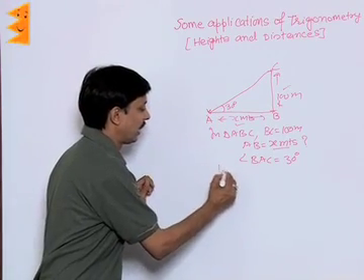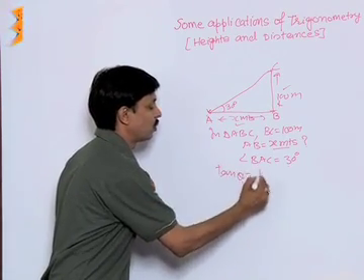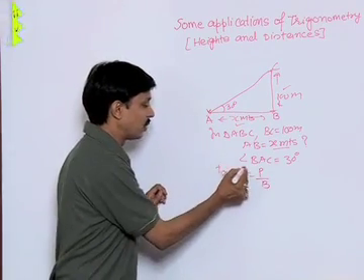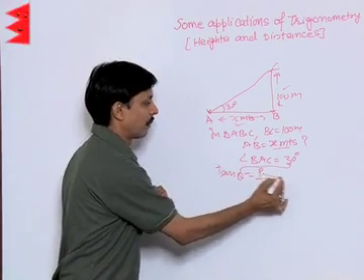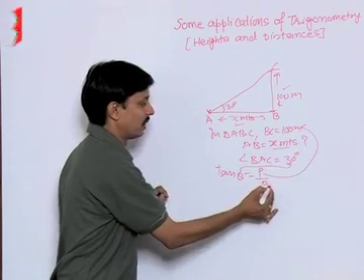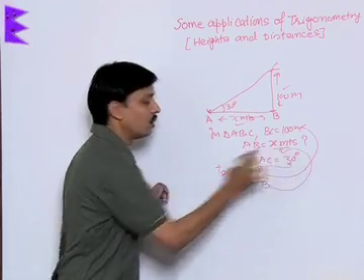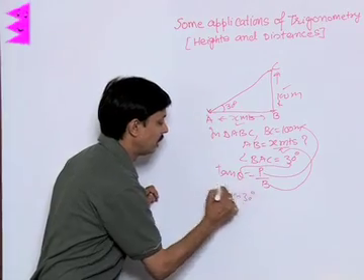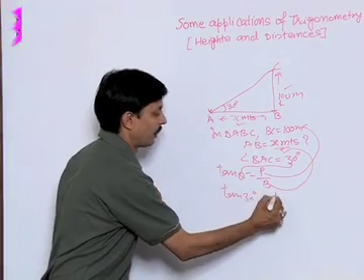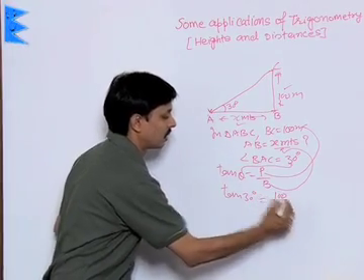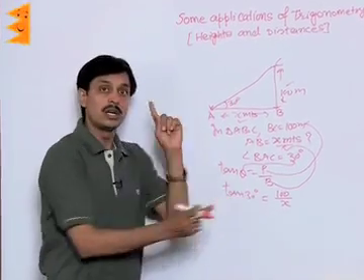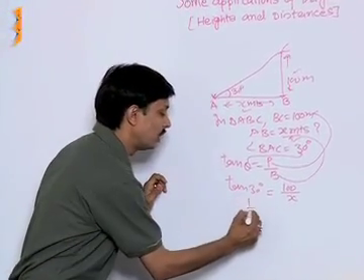So tan theta is equal to perpendicular upon base. Here theta is how much? 30 degree. Perpendicular is 100 meter. Base we need to find. So this becomes tan 30 degree equals perpendicular 100 upon base x. From the trigonometric table, tan 30 degree is 1 by root 3.